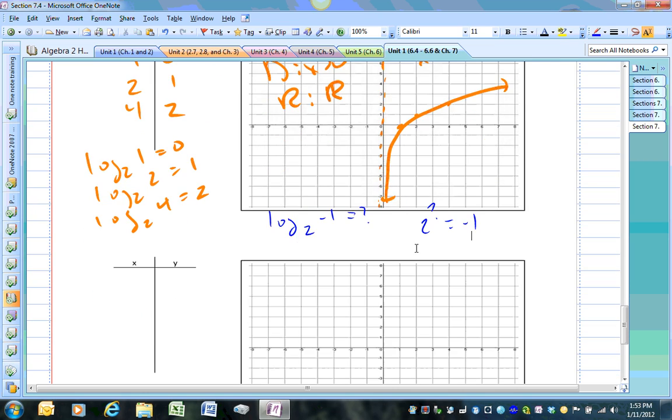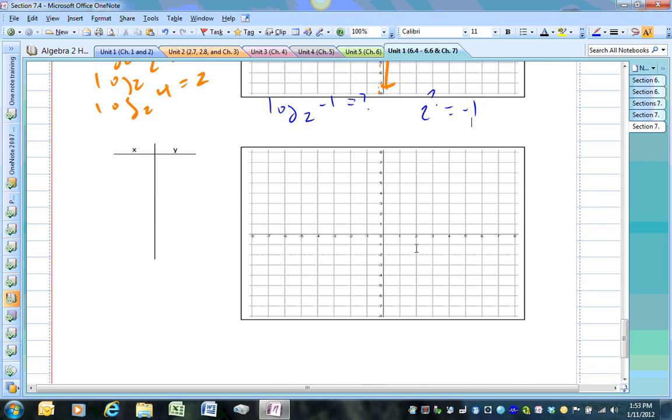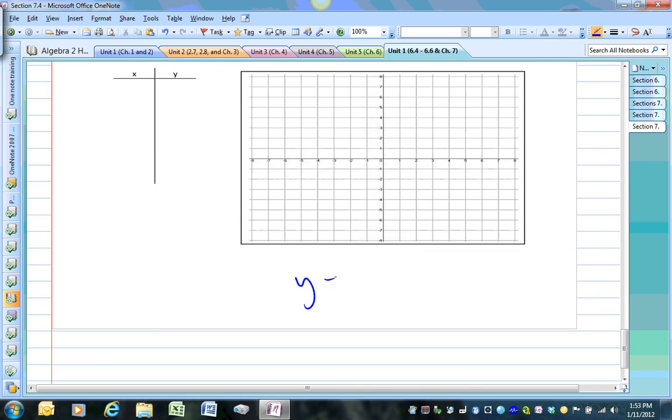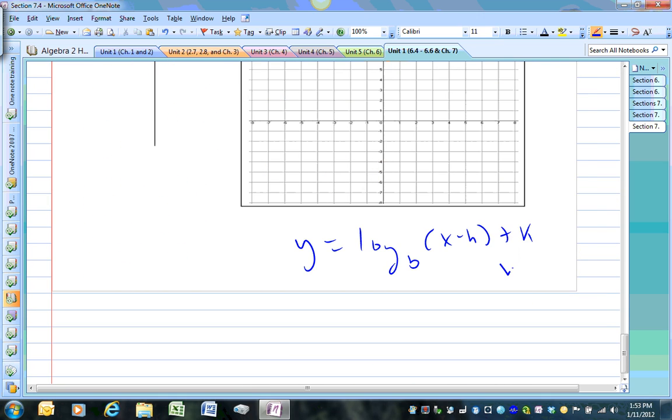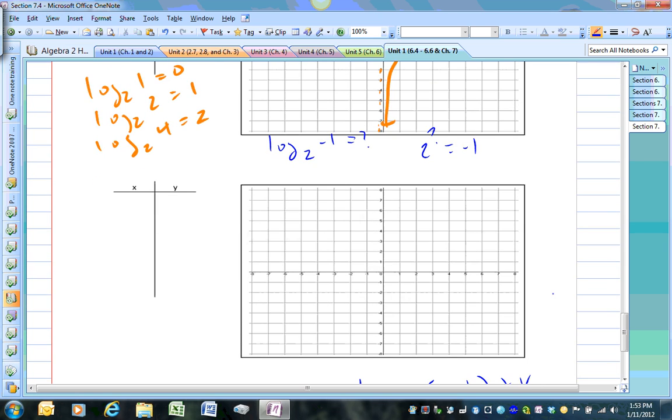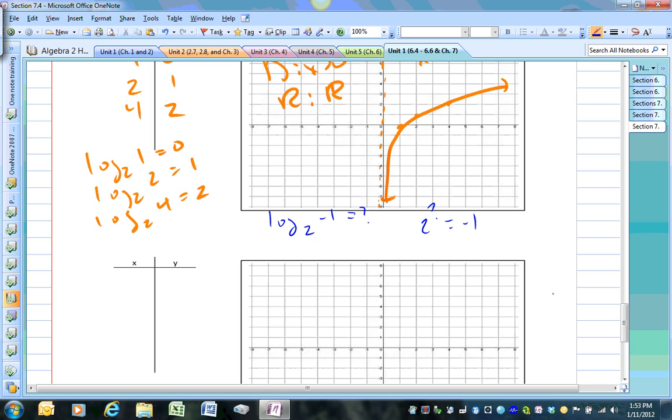Last thing is this right here. You still have h and k. So for the second graph, h is going to equal negative 3, and k is going to equal 1. So we expect all the points to shift 3 to the left and 1 up.